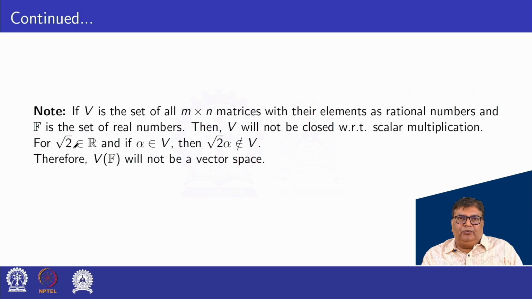For example, root 2 belonging to R and alpha belonging to V, then root 2 alpha does not belong to Q. Therefore V over F will not be a vector space, because the multiplication of a scalar with a vector fails to be a vector.